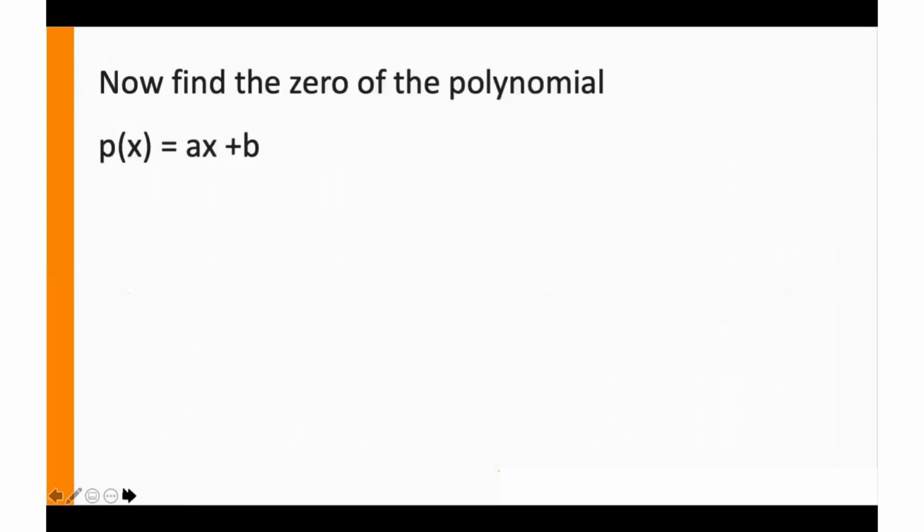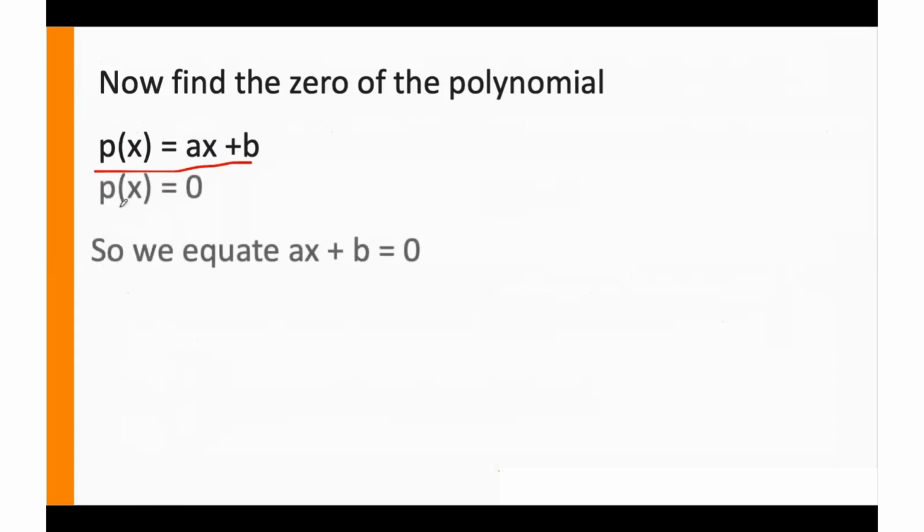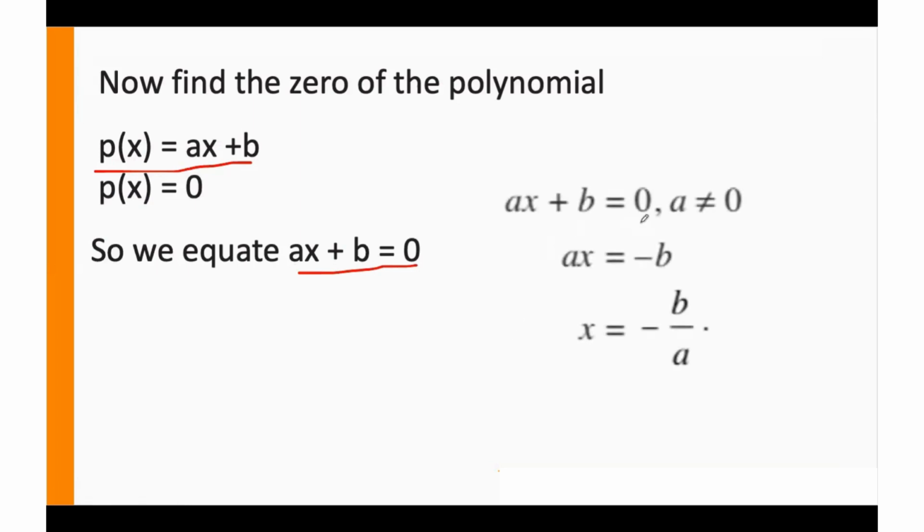Find the 0 of this polynomial now. This is the standard form of a linear polynomial. To find this, we will first assume that p of x is 0. Because p of x is ax plus b and p of x is 0, ax plus b is also equal to 0, and we will equate it. So now b will move to the right side, and so ax plus b is equal to 0 will give us ax is equal to minus b.